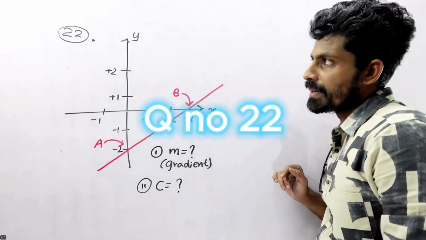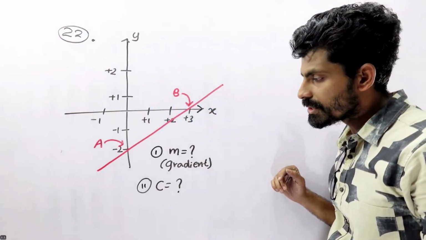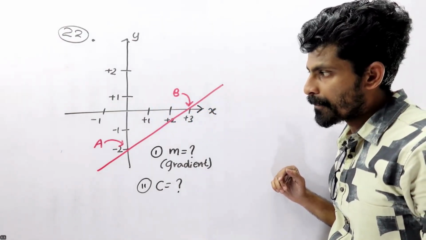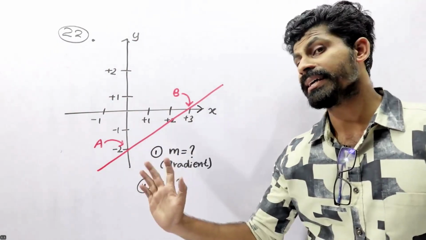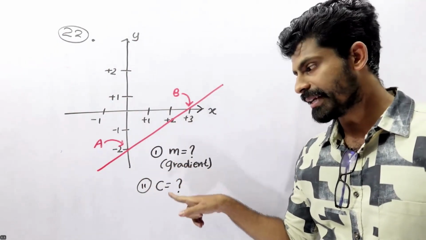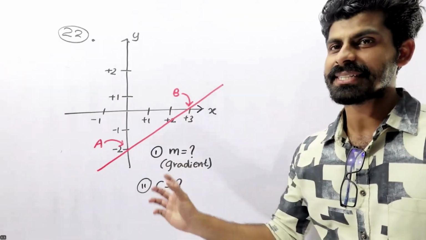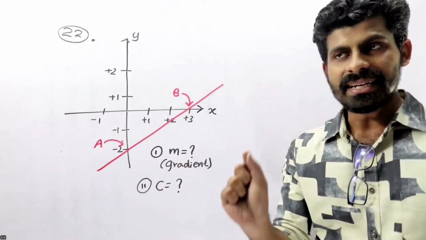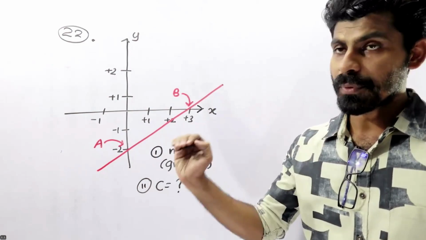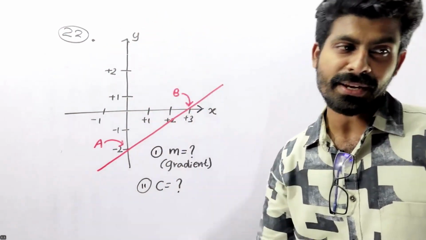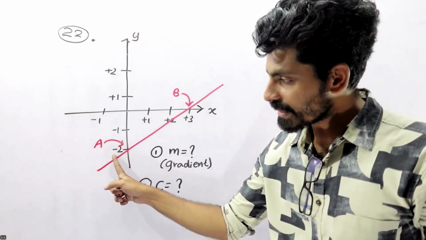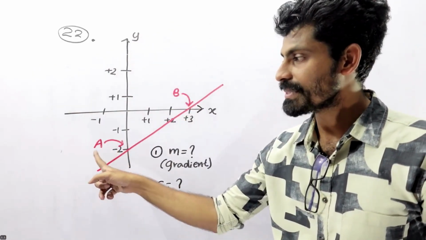Question number 22. They have given the graph, a linear graph. You need to find the gradient and the intercept. C means intercept. Intercept means the point where the line crosses the y-axis. So what is the intercept?